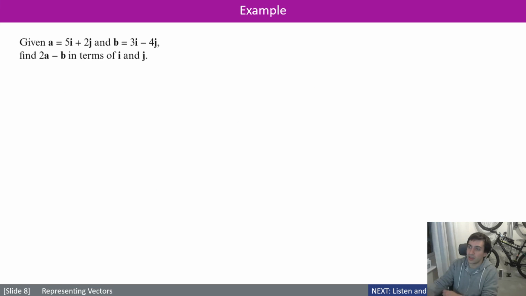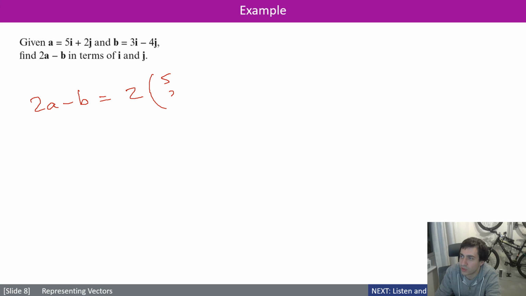Okay, and finally, here, similar kind of question, a little bit longer. You've been asked to write the answer in terms of i and j. So this is where we take that advice I just gave you a couple slides ago, which is use column vectors to do your working because it's faster. So you can write 2a minus b, and then rather than do all the stuff with the i's and j's, you can immediately convert a into column vector notation.